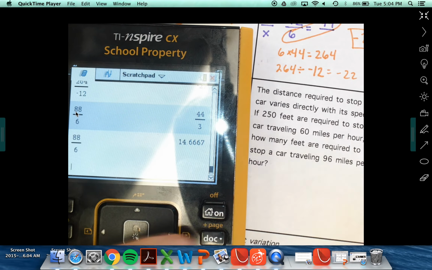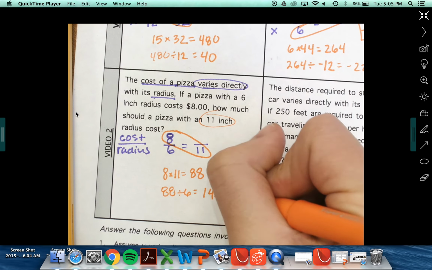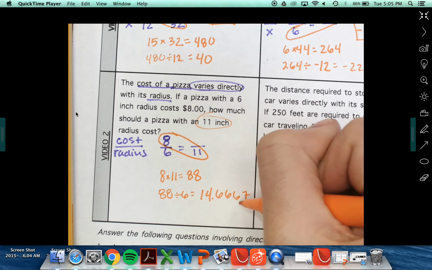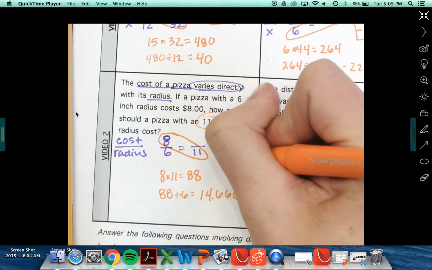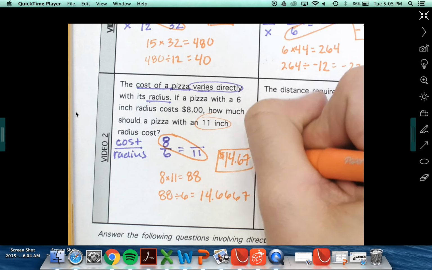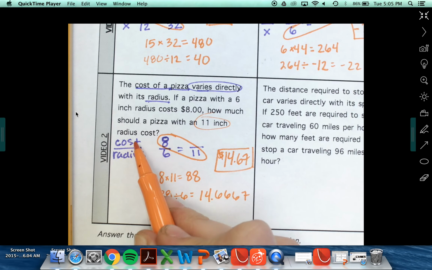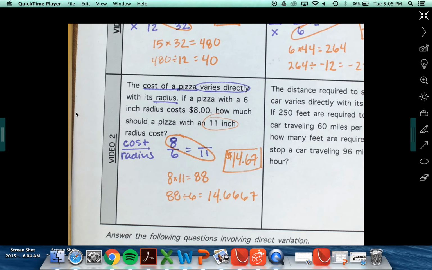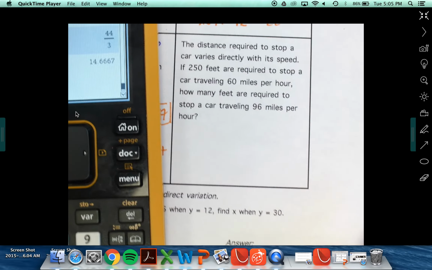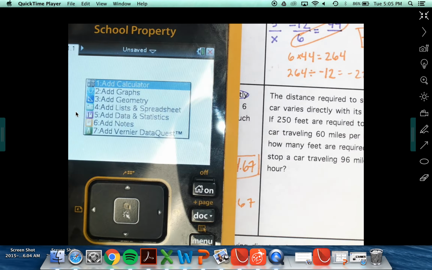Okay, so 14.6667. Okay, this isn't really a money amount. That would be rounded up to 14.67. It's filling in this hole right now, so that's the cost, which is dollars. 14.67.